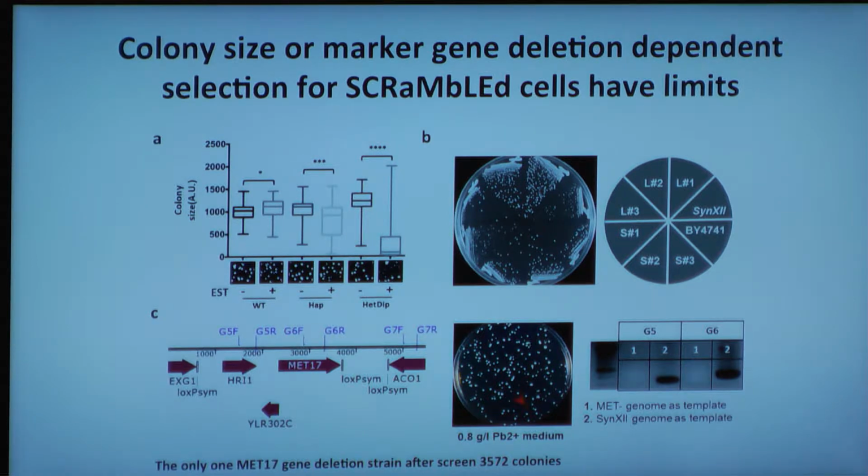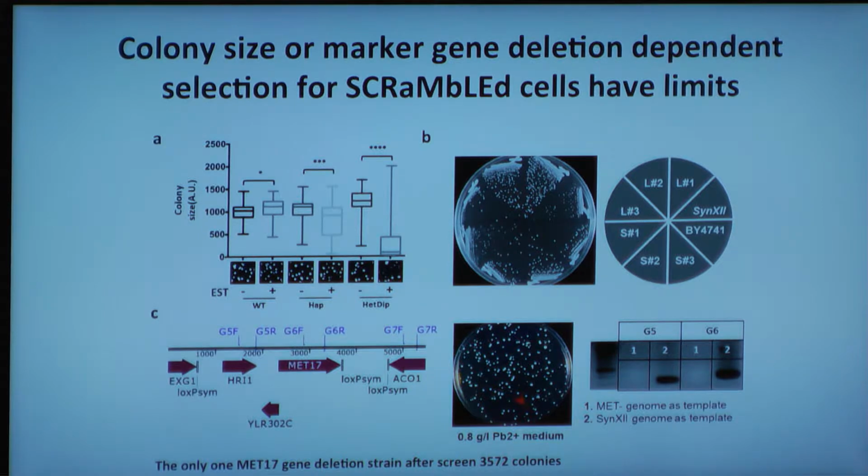In addition, what we did previously was to look for the loss of specific markers, like the one shown here. This is the MAT17 marker within chromosome 12, and we did a SCRaMbLE and placed the SCRaMbLEd cells on selecting media, looking for the loss of the marker. However, the efficiency of getting that gene lost is very low.